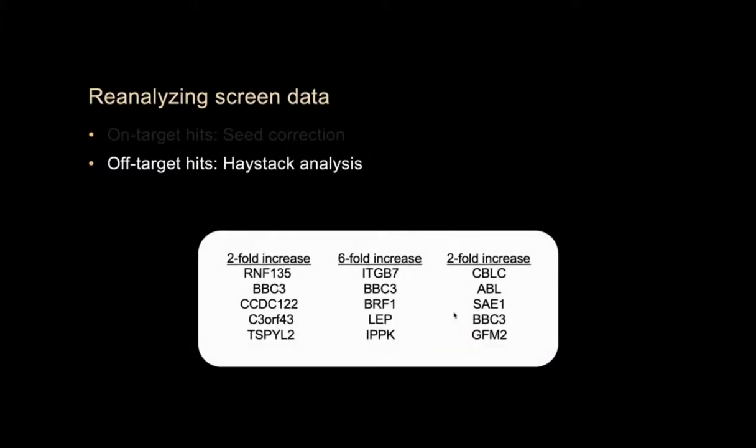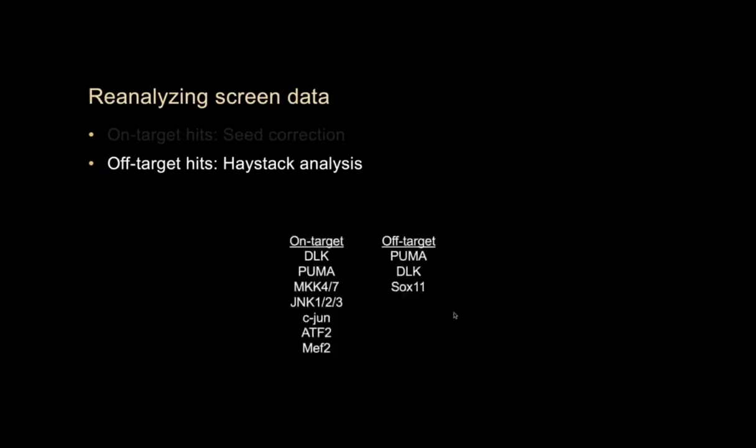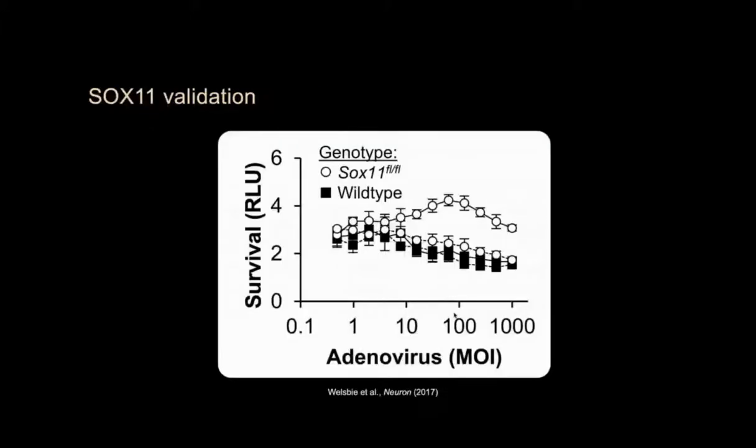So for instance, in all the wells that have increased survival, we might tend to see seeds that silence BBC3 or PUMA. So this is another way of getting at potential hits. But again, this is sort of bioinformatically deconvoluting the data to try to find something interesting amongst all this noise. It would be much better to have a system where we could screen that simply doesn't have all the noise. And so we'll get into that in just a second.